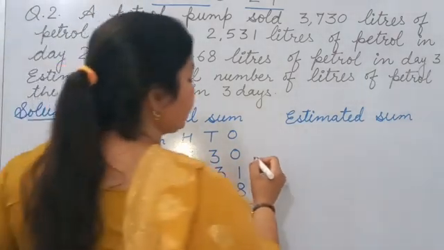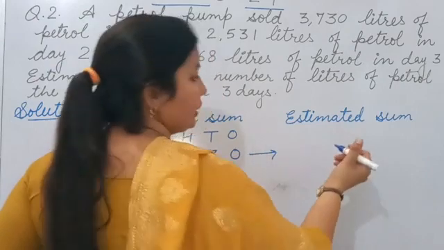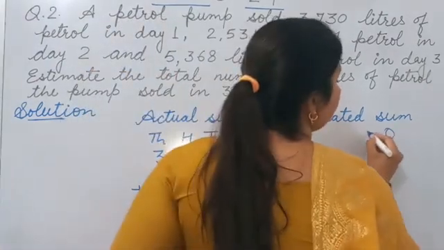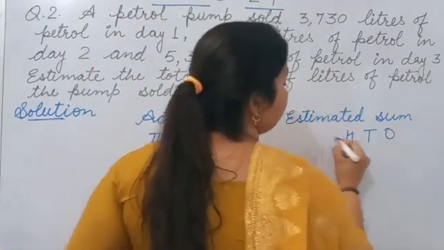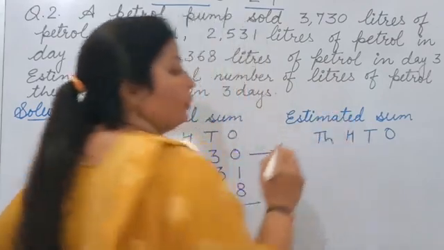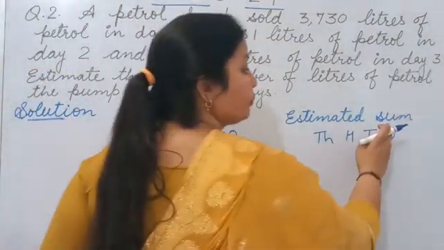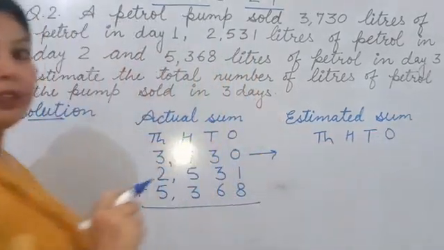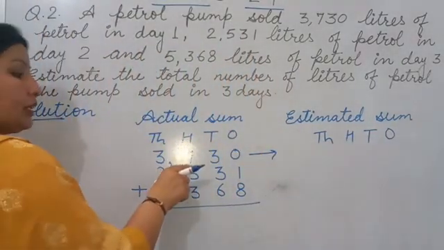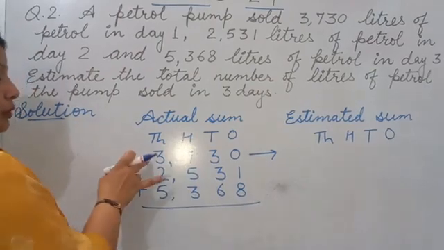Okay, and here we have to find the estimated value. So we should find the rounded numbers. We write the columns here: ones, tens, hundreds, thousands. Now we are rounding to the thousand, so we check the hundreds column. There is 7. It is more than 5, so we should increase here.